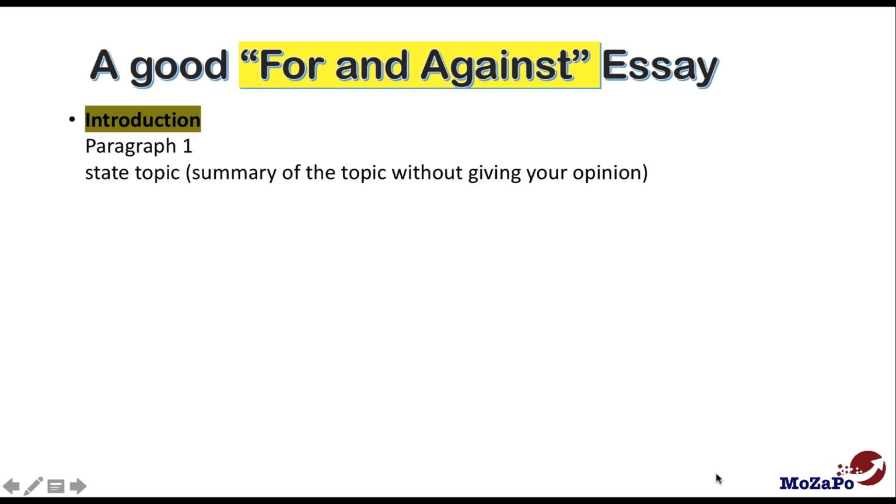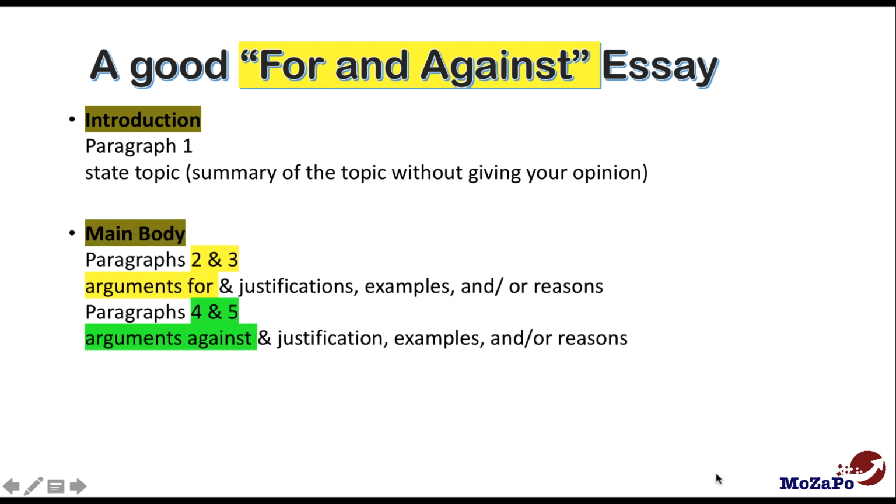And in the introduction, in paragraph 1, you can state the topic and the summary of the topic without giving your opinion. In the main body, for example, imagine that you're writing paragraphs 2 and 3. In 2 and 3, you write your arguments for the topic and also your justifications, examples, or reasons.